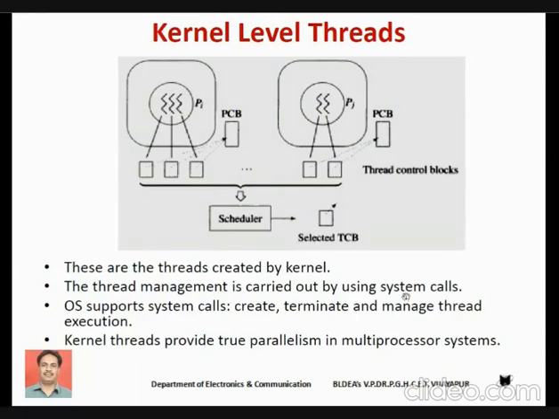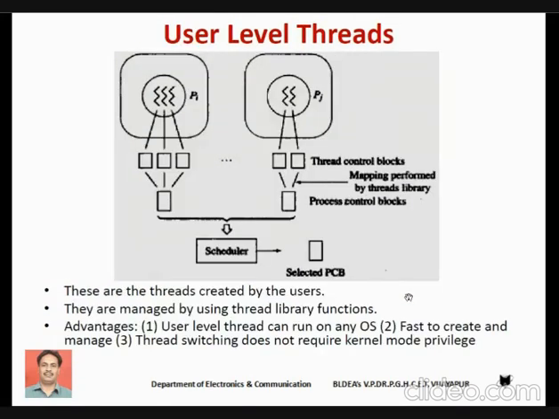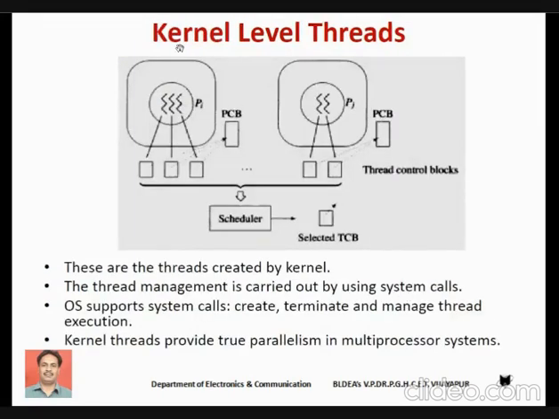There exist some system calls within the operating system for managing execution of kernel level threads. The operating system supports system calls called create, terminate, and manage thread execution for controlling the operations of the threads.